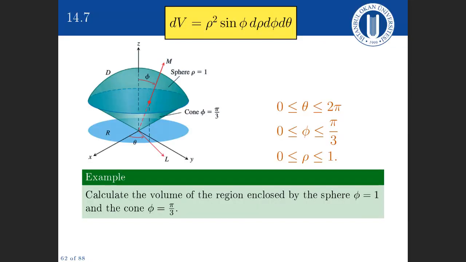Okay, so first we need the limits of integration. Look at the circle at the bottom. Look at the shadow, capital R. Theta must be between 0 and 2 pi.